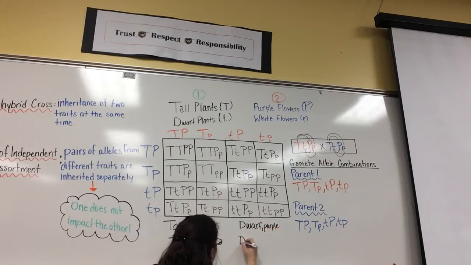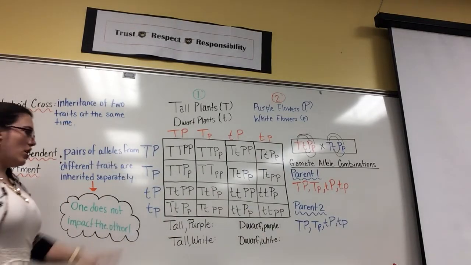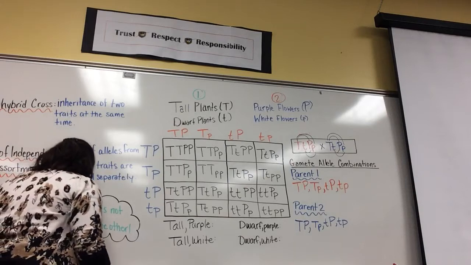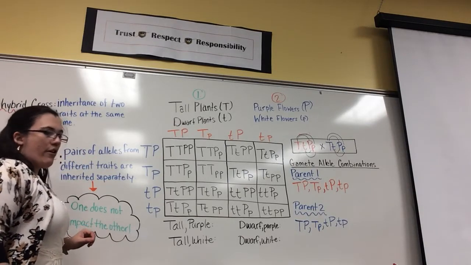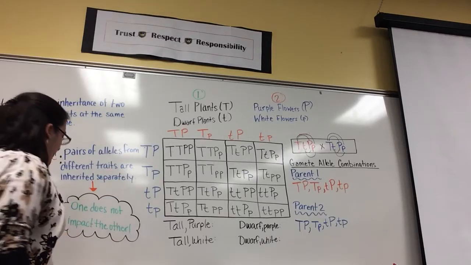And they could be dwarf and white. So I encourage you, as you're doing these dihybrid crosses, to always write out what your 4 possibilities could be. Now, we're going to use 4 different colors and mark all of these different phenotypes.